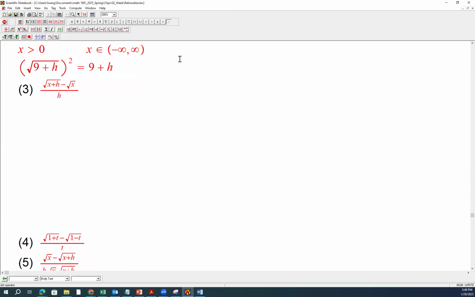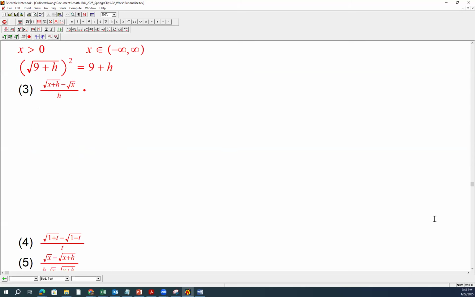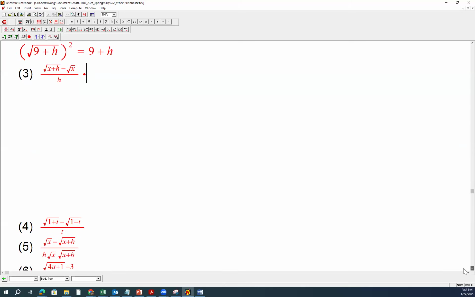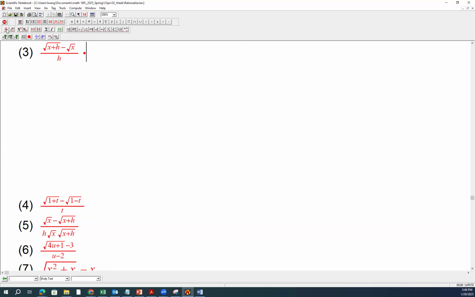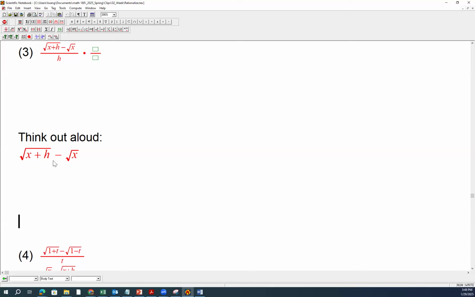Okay, so in this case, we have to choose our conjugate. Our conjugate, of course, is the conjugate to this piece. Okay, so you like to have a piece of scratch paper. So I think out loud. That's my scratch paper.